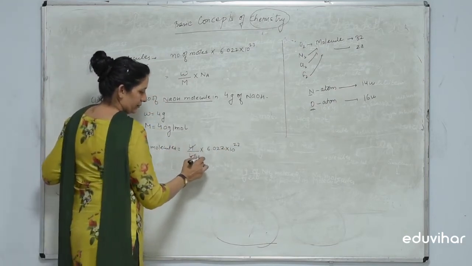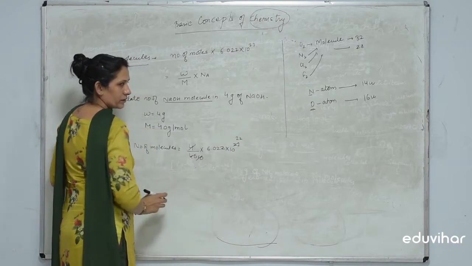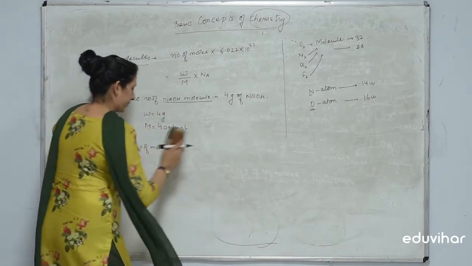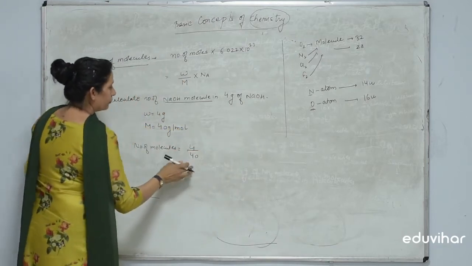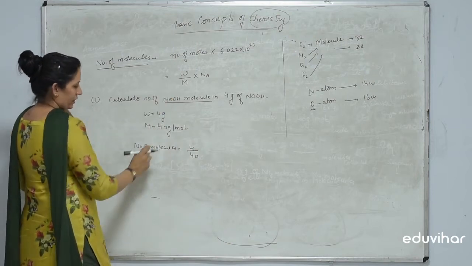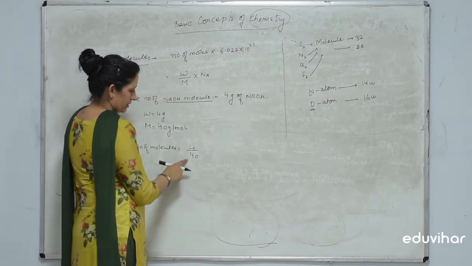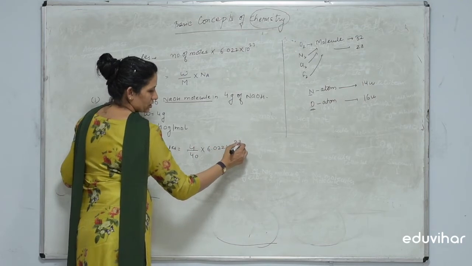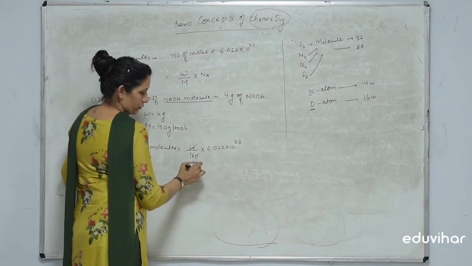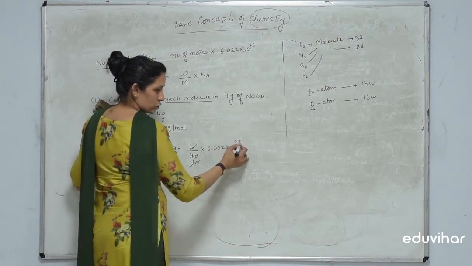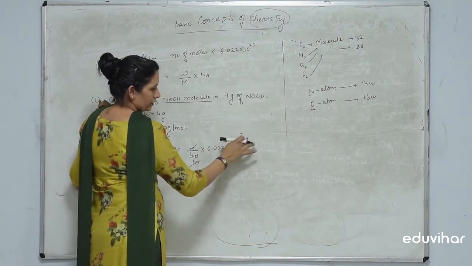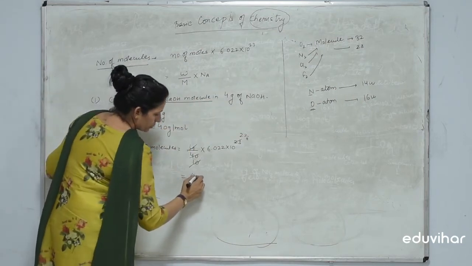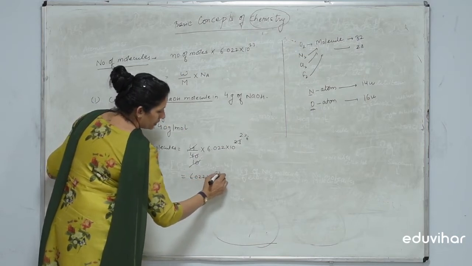Again, I am putting all these in this formula: number of molecules is equal to given mass divided by 40, multiplied by 6.022 into 10 raised to power 23. 4 tens are 40, and this 10 cancels out, and the power 23 becomes 22. The number of molecules in 4 gram of NaOH is 6.022 into 10 raised to power 22.